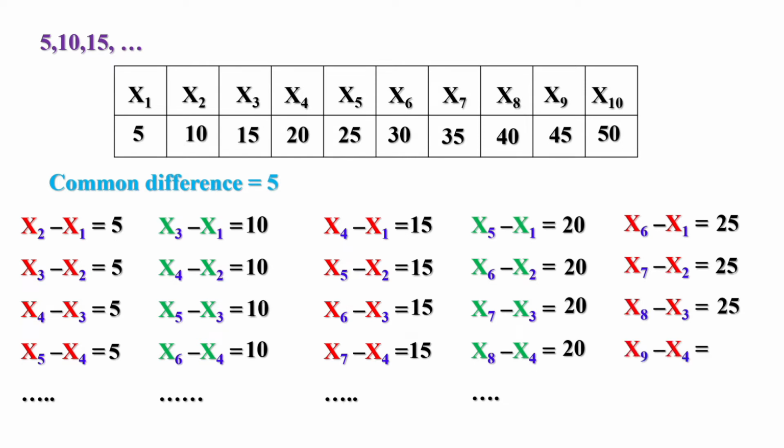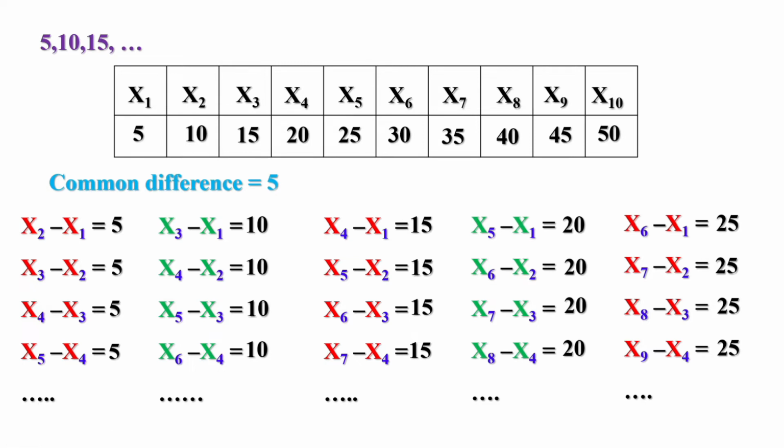Ninth term minus fourth term, that is again 25. It continues like this. So here also we can see that the term difference 25 is 5 times common difference and position difference is 5. So from this also we have seen that the term difference is position difference into common difference.